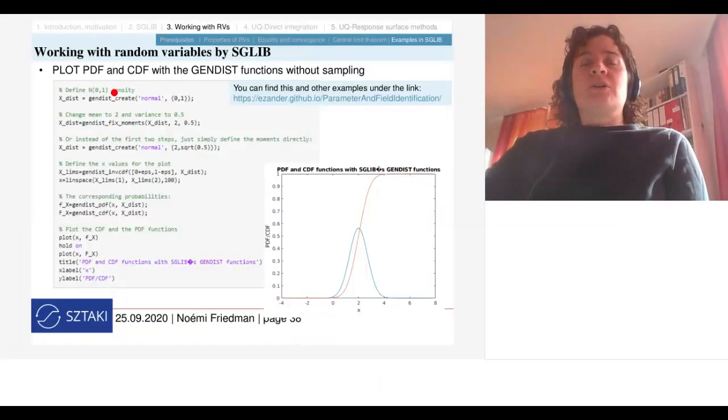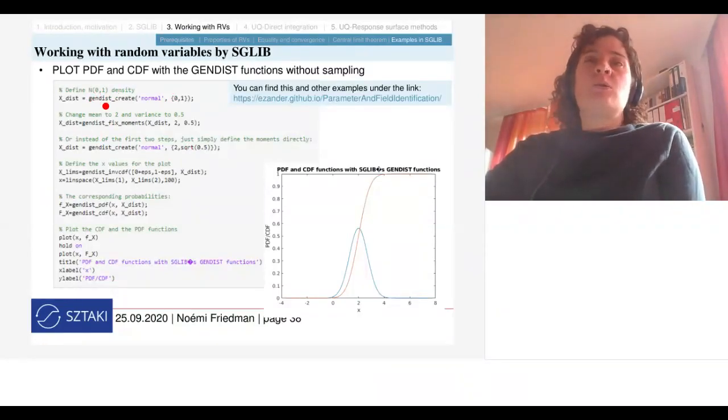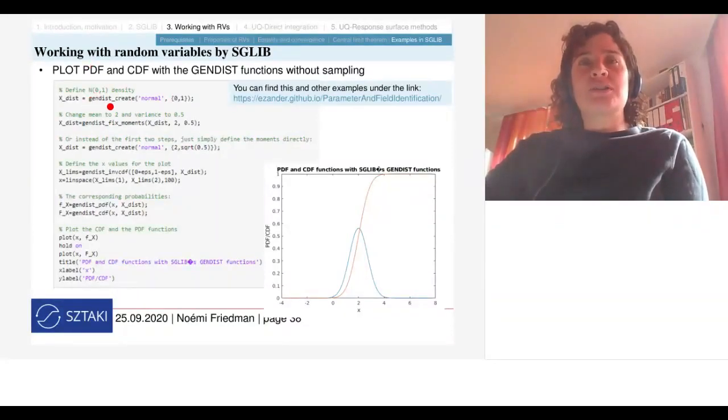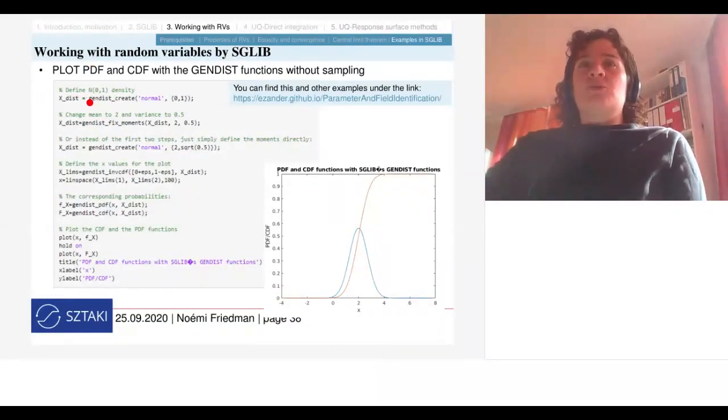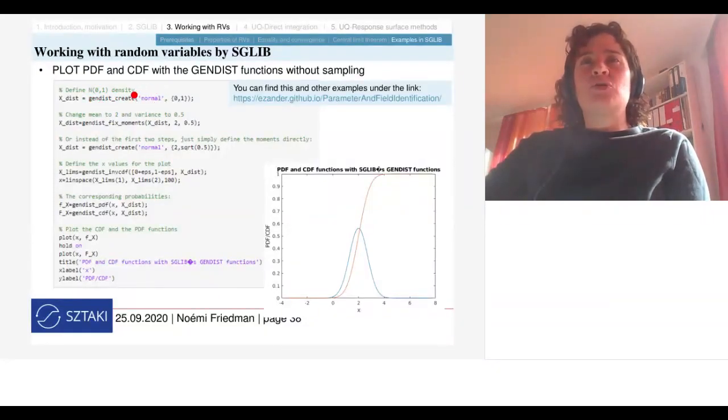In this library package, you have low-level functions like the GenDist functions. The name comes from generating distribution. With these GenDist functions, you can create any type of distribution which is defined in the statistics folder that I showed you before.